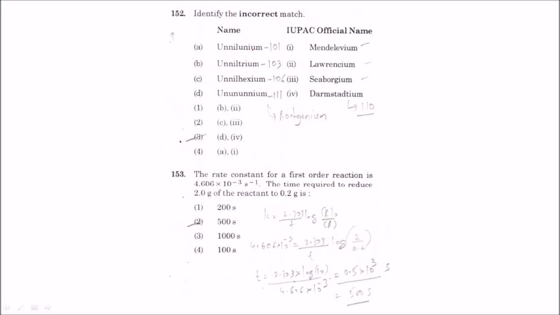152. Identify the incorrect match. Okay, this is again a direct question. Which is incorrect here? 101, first, second, and third are correctly matched here, right? Mendelevium, lawrencium, and seaborgium. But if we take 111 atomic number, it is given as darmstadtium, right?